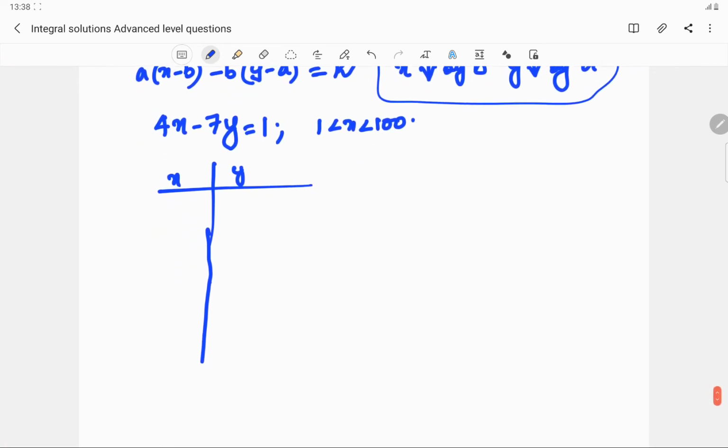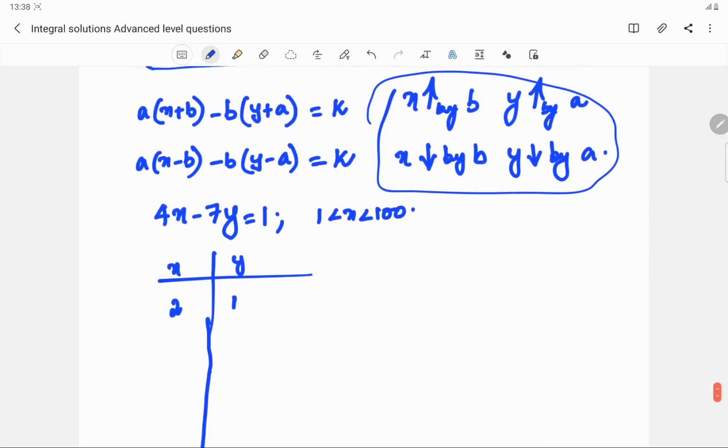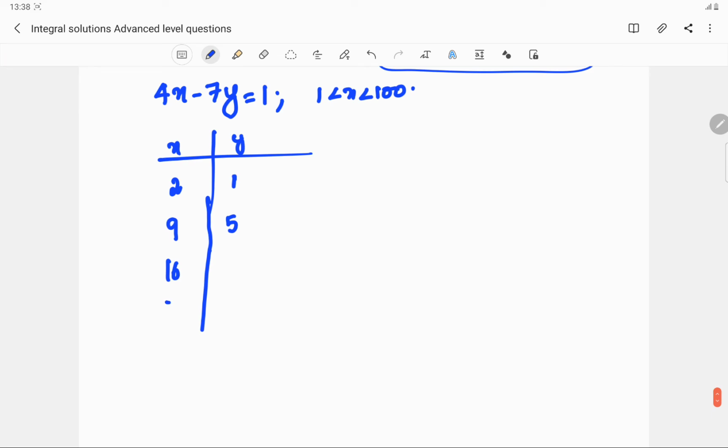So now if y is 1, x would be 2, and similarly if y is increased by a, which is 4, that means if y is 5, then x increases by 7, that means x would be 9, and again x would be 16, and x would be 23.